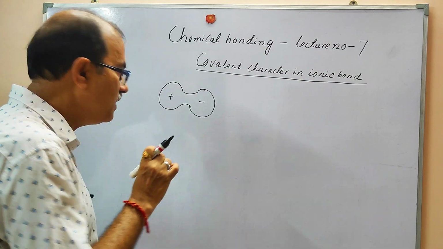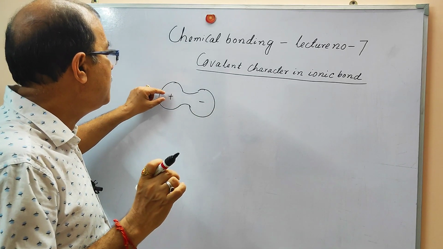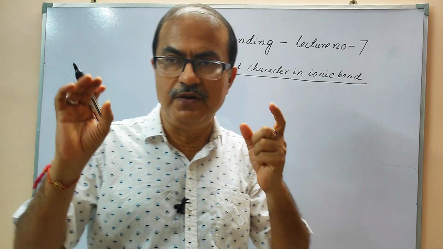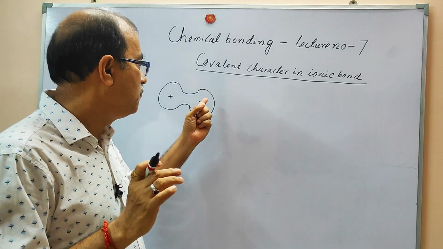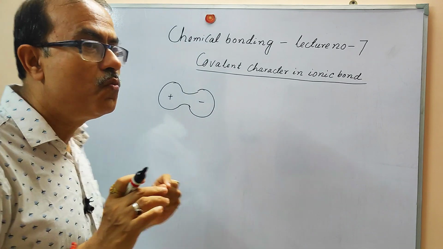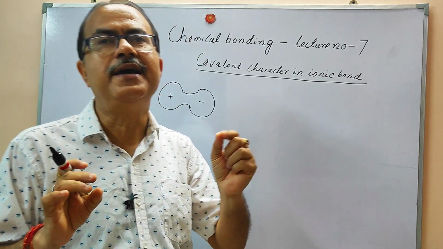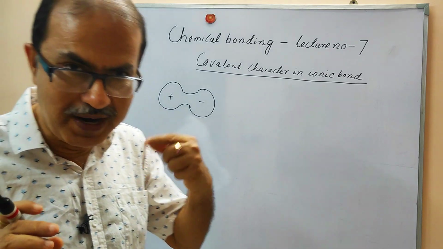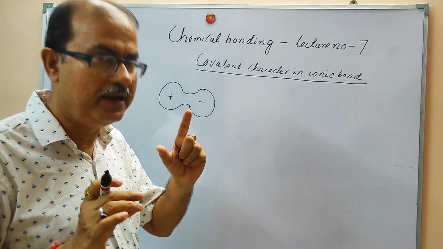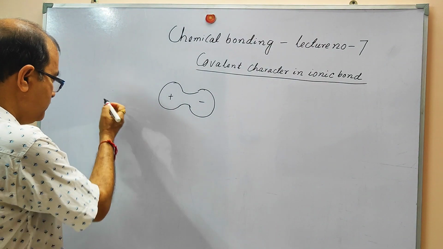One thing we need to understand is that when the cation distorts the electron cloud of the anion, this effect is called polarization, and the power of the cation to polarize the negative charge of the anion is called the polarizing power.